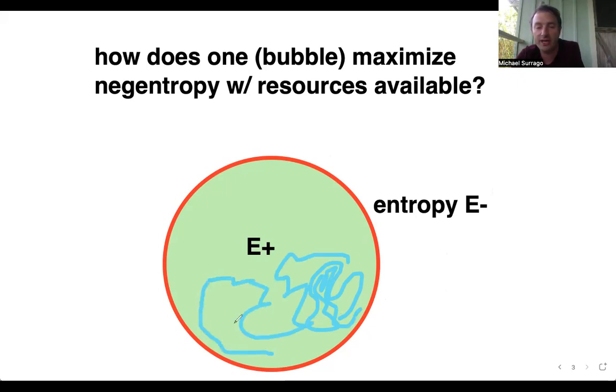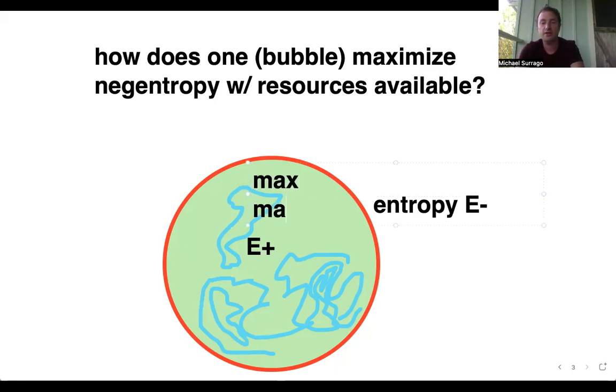Like if you can maximize the amount of layers on the inside and exchanges. So I'm just going to put this here, maximize the markets. If you maximize both the number and the quality of your markets, it's kind of that simple.